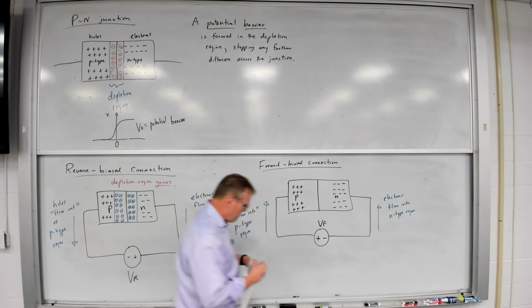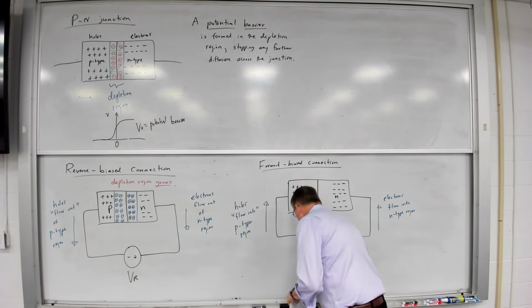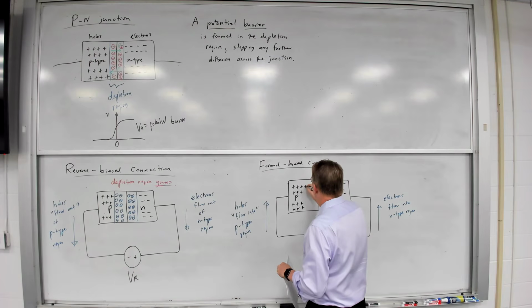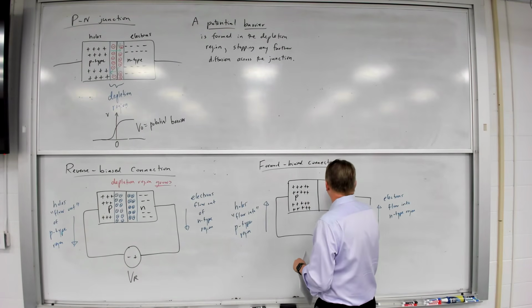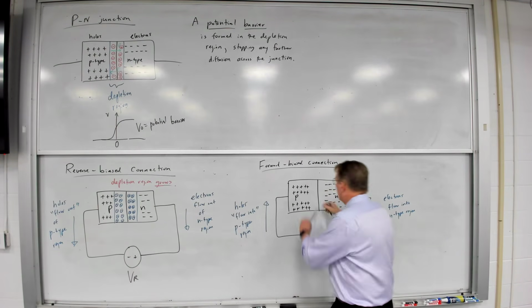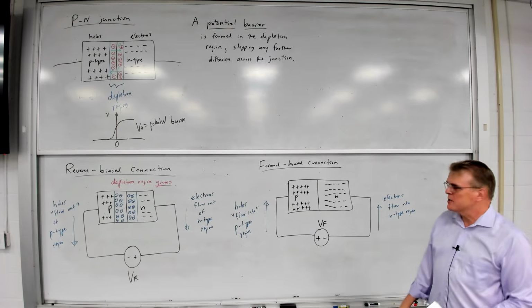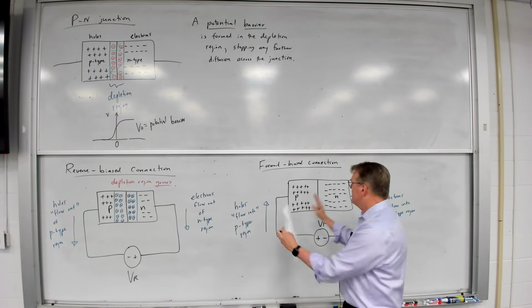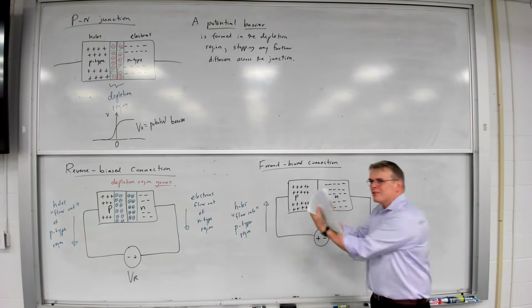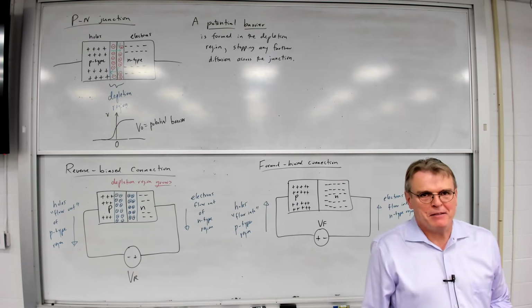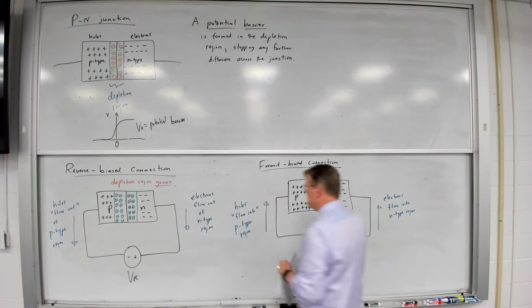Now, as this happens, I have more and more holes and more free electrons accumulating here. And as that starts to happen, the depletion region starts getting squeezed by these carrier concentrations, is a way to think about it.